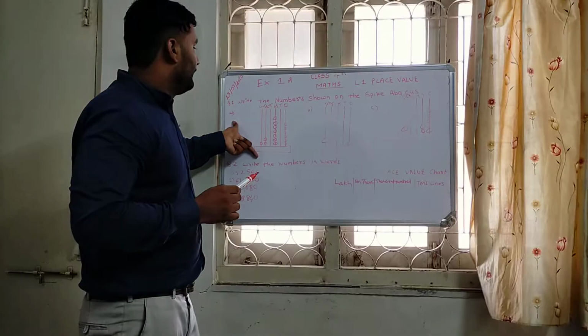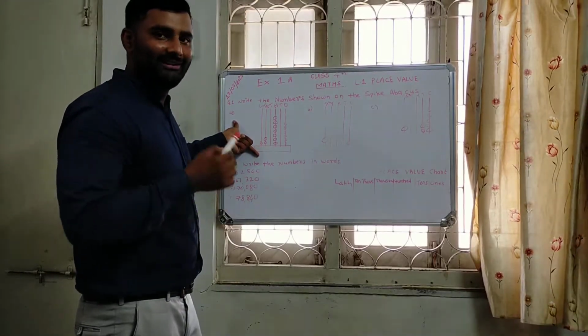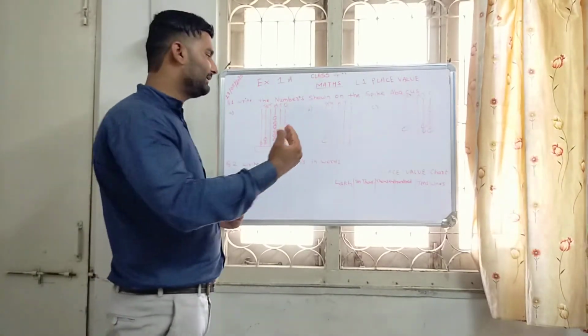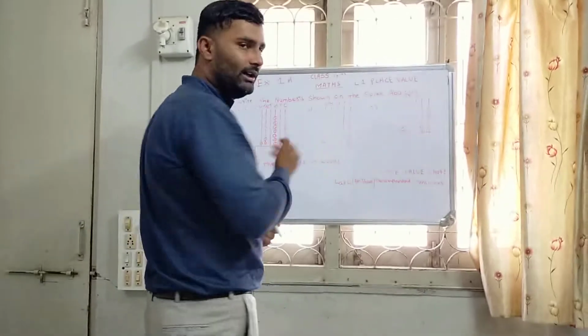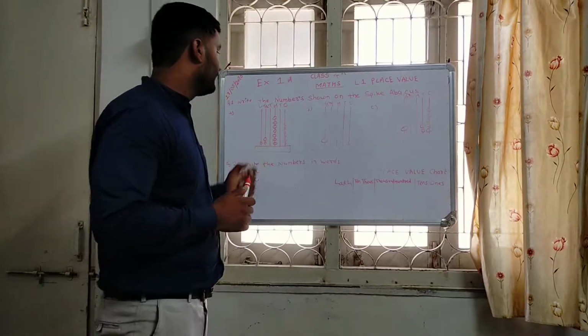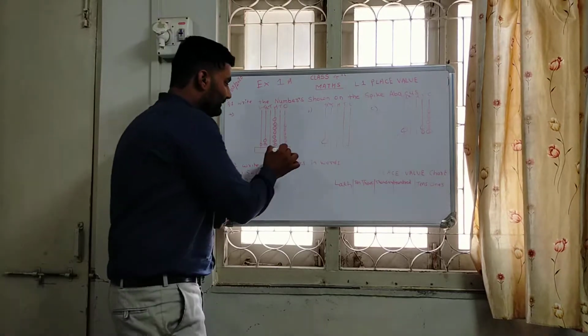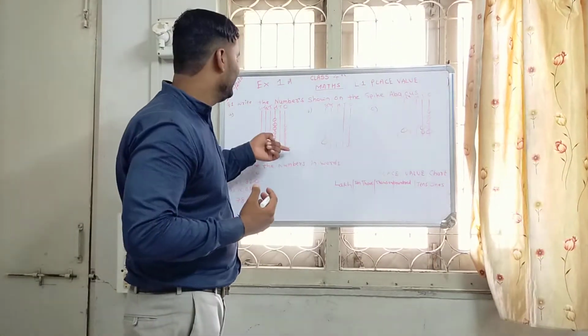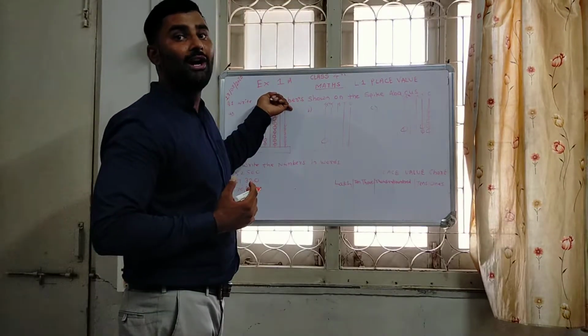While I solve this question, our direction must be from the right side to the left side because of our method. So the rightmost extreme side spike is named ones.